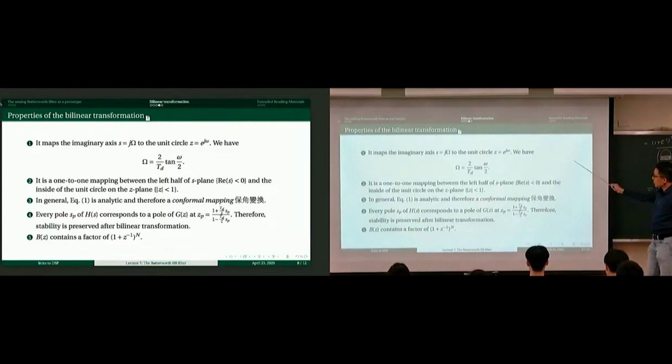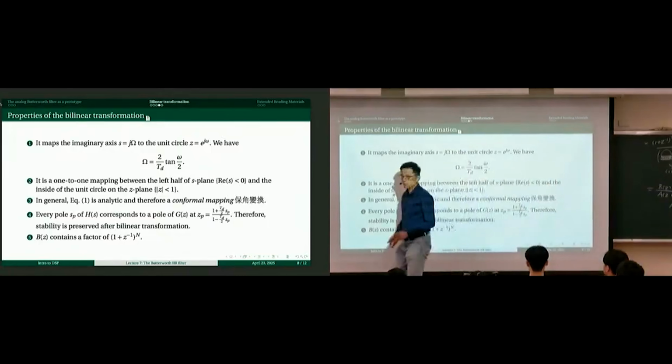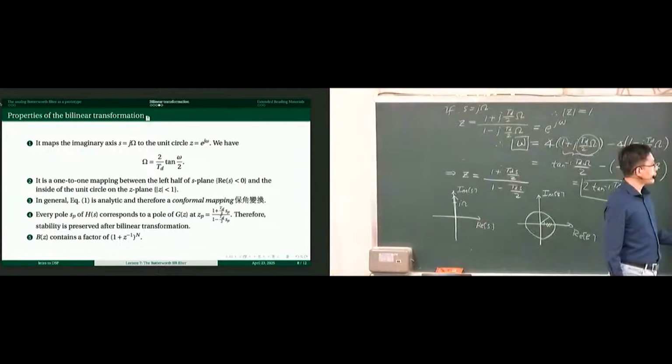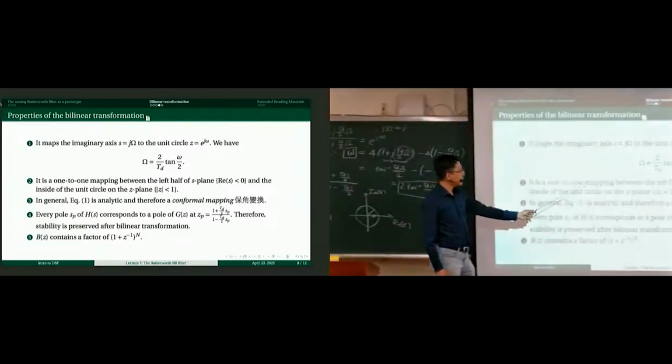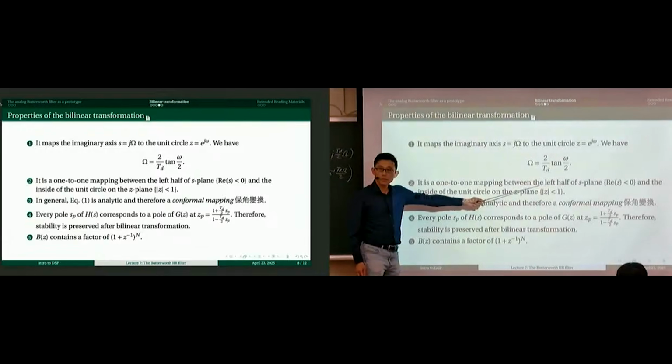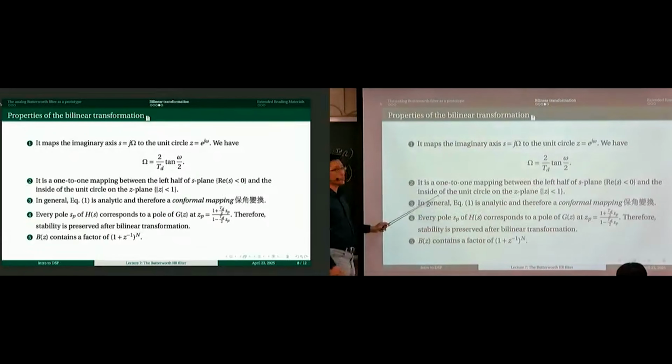And going from the first property to the second property, okay? I want to invite you to think about, let me read it, okay? Turns out that the bilinear transformation is also a one-to-one mapping between the left half plane in S and the inside of the unit circle.